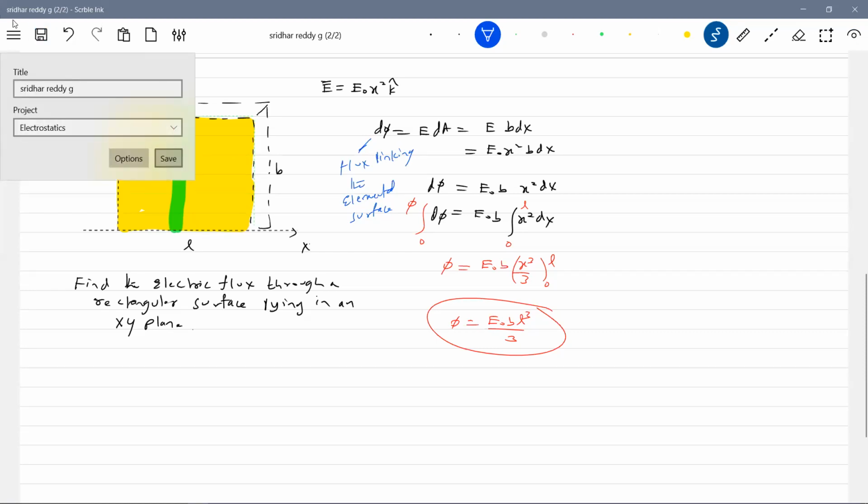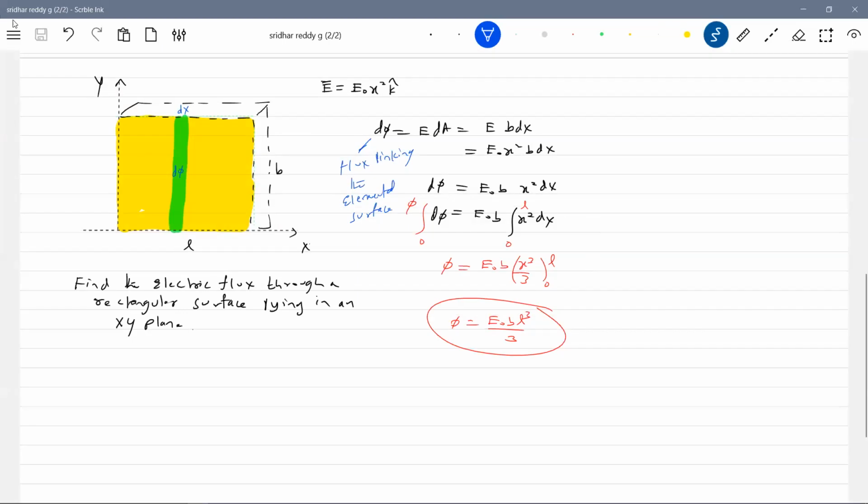In electrostatics we come across variable fields and constant uniform fields. For a uniform field, no problem. If a variable field comes, there's a method we have to apply.